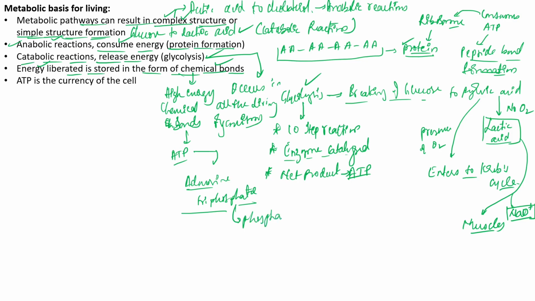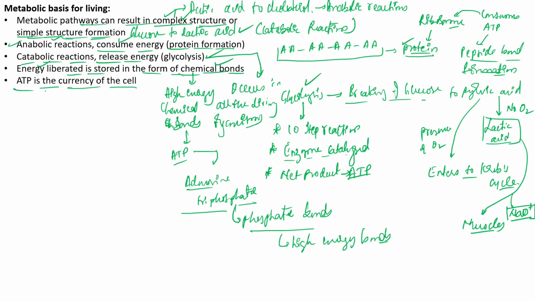Remember, the phosphate bonds are called the high energy bonds, because they contain the energy that is required to drive or run these metabolic reactions. Hence, in a very general sense, we refer to ATP as the currency of the cell.